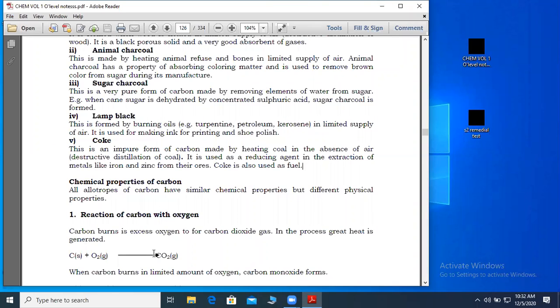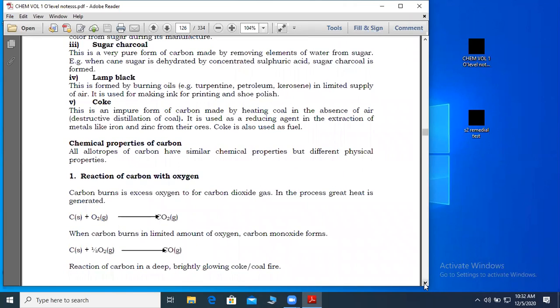These substances you should know. So in excess oxygen, the product for carbon is carbon dioxide, and in limited oxygen, the product is carbon monoxide.